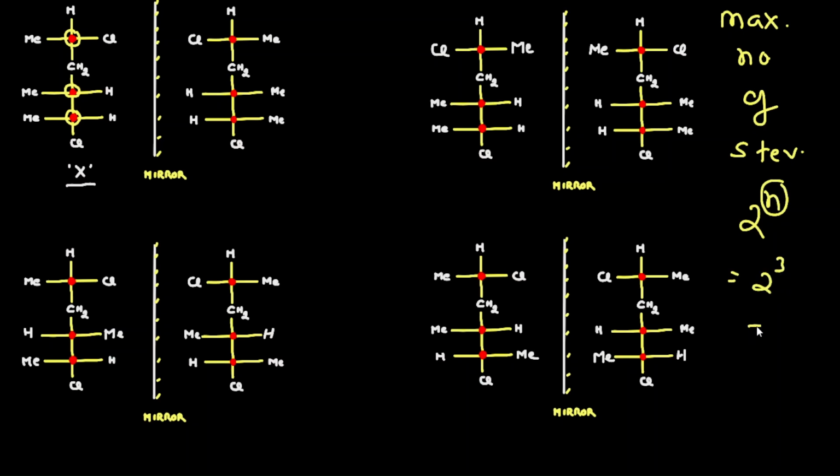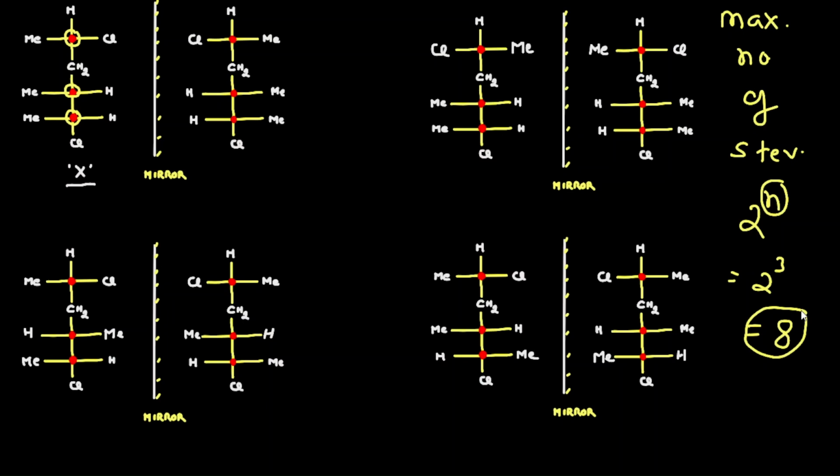And if it has 3 chiral centers, the maximum number of stereoisomers it can give is 2 power n, where n is the number of chiral centers, and since it has 3, it gives 2 power 3, that is 8. So maximum it can have 8 stereoisomers.